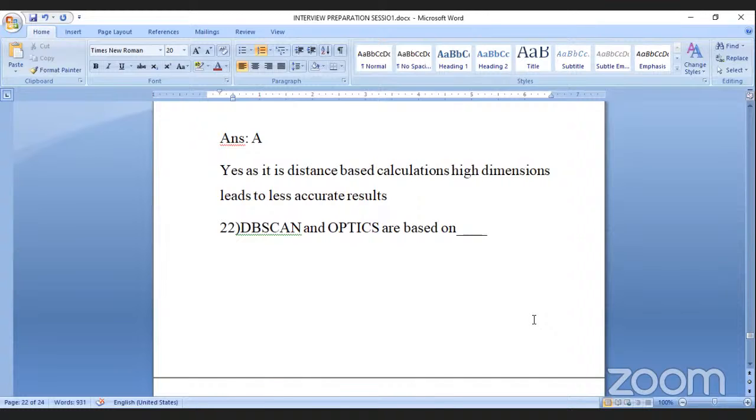So, the answer for this 22nd question. Clustering, which clustering? Density of clusters. Come on, two answers I got.